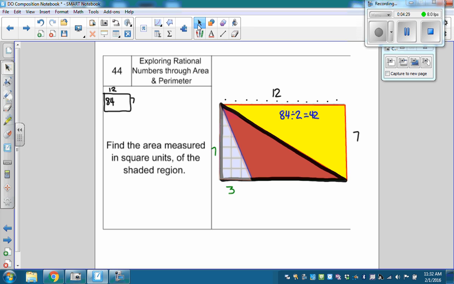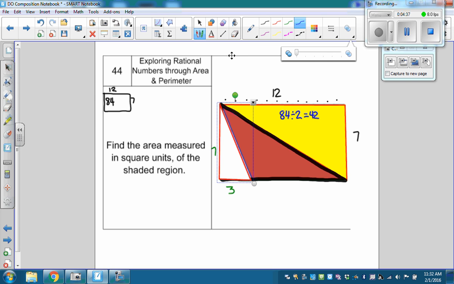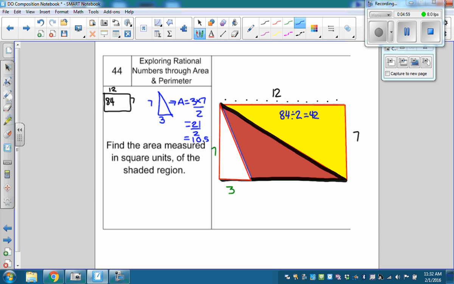And it doesn't need to be see-through if you know the dimensions to find the area of the triangle. The area of that little 7 by 3 triangle is 3 times 7 divided by 2, which is 21 divided by 2, or 10.5. So out here, I know this piece is 10.5.